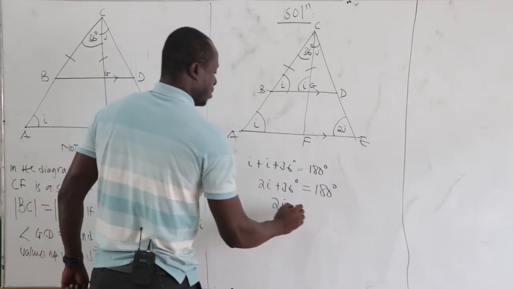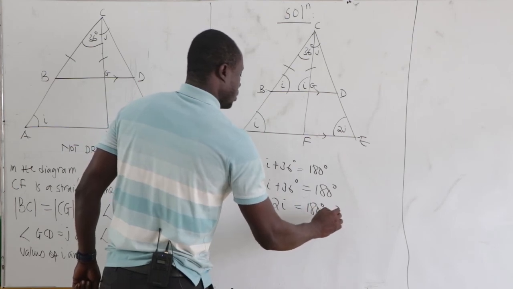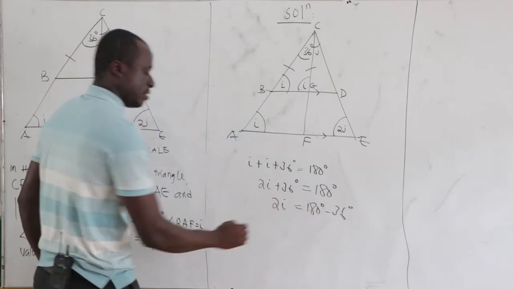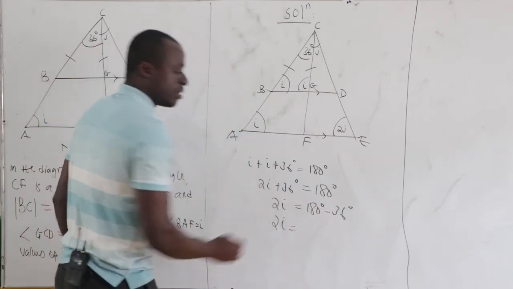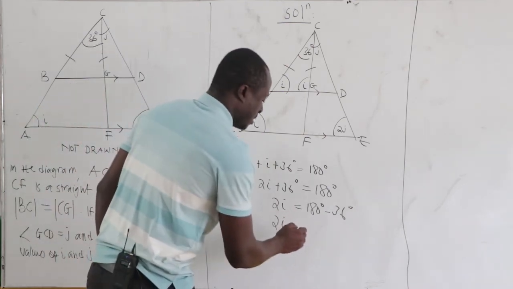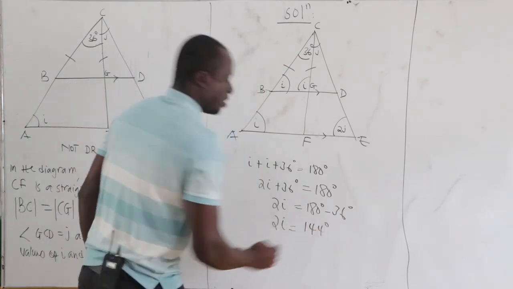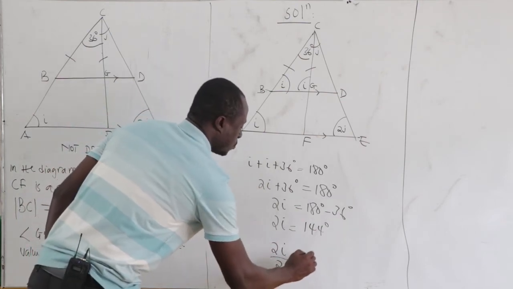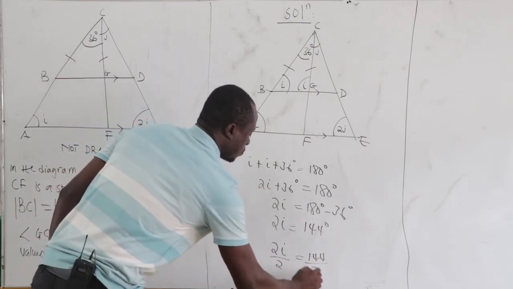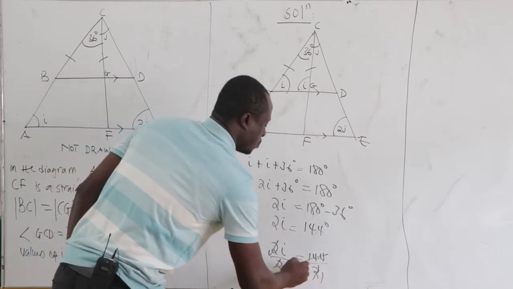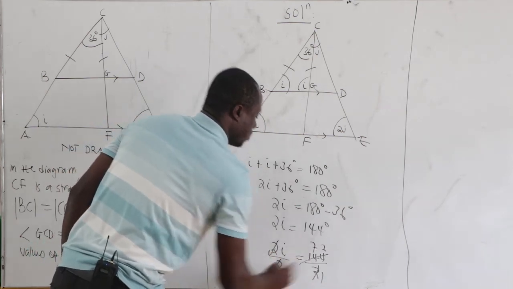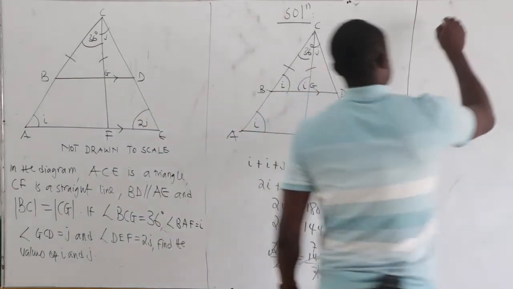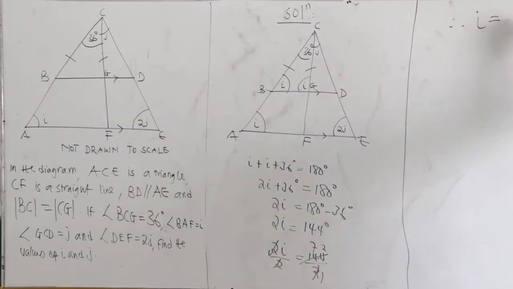So 2I equals 180 degrees minus 36 degrees, and 180 minus 36 gives us 144 degrees. We want to find I, so we divide by 2. Hence our I is equal to 72 degrees. So we are done finding I.